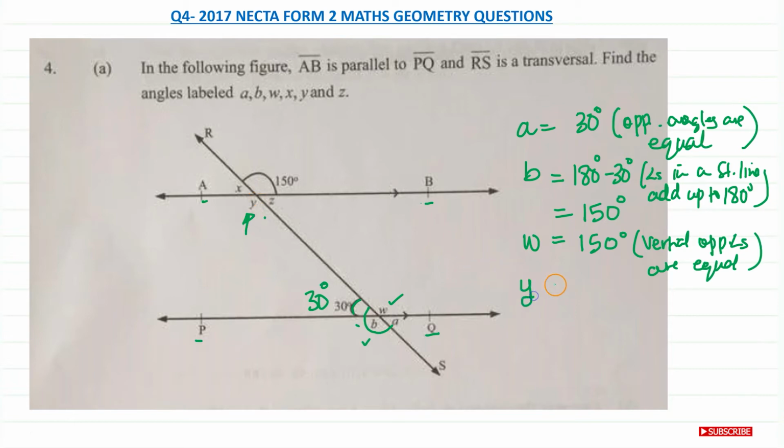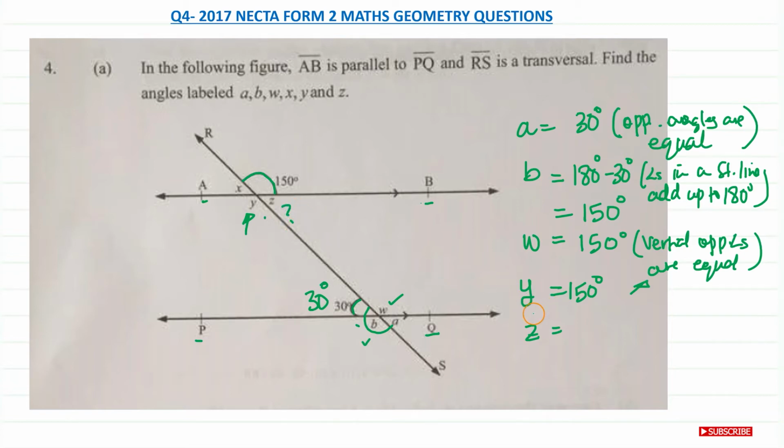Well, yes, you're right. Y is going to be equal to 150 degrees because it's opposite to this angle here, which is 150 degrees. And we're going to write the same reason. So make sure you write that in your exam or test. Vertically opposite angles are equal. And the last angle that we need is Z. Z is over here, right?